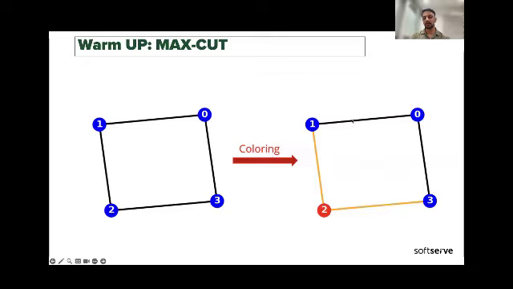However, this is still black, right? Because these have blue vertices, and this edge also has blue vertices, right? Both of them. So the goal is to color the vertices such that I find the maximum cut, or the maximum number of these yellow edges. Is that clear? Okay, I'm going to assume that it is.